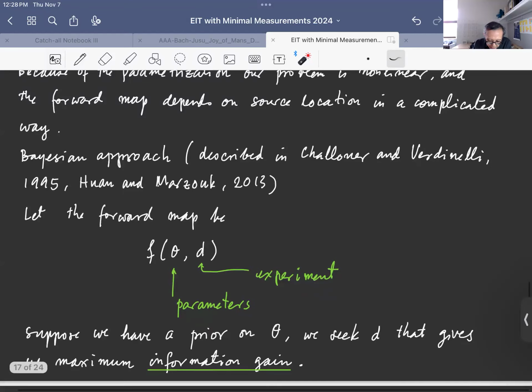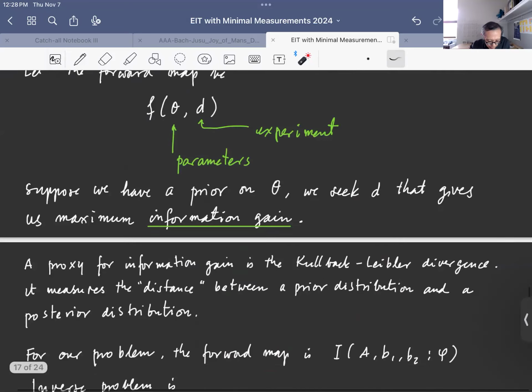Using the same notation, if you think of the forward map as f, in which the parameters are theta here, and the experiment is indexed by d. Suppose we have a prior on theta, then we want to seek d that gives the maximum information gain from the prior to the posterior if you actually execute a measurement. So that can be described in the following way.